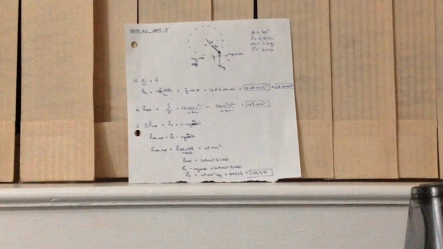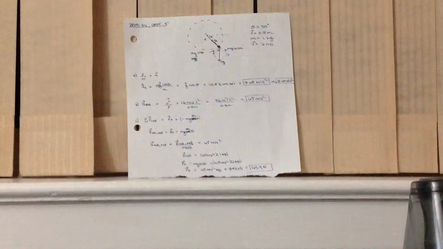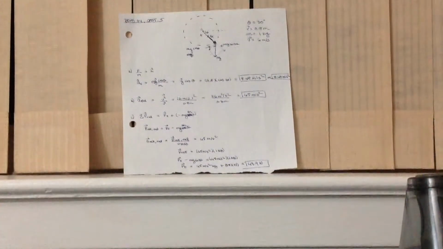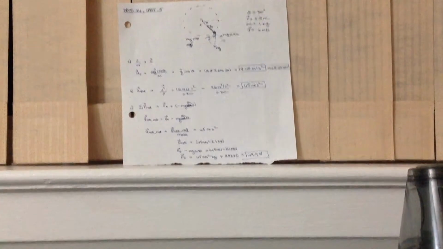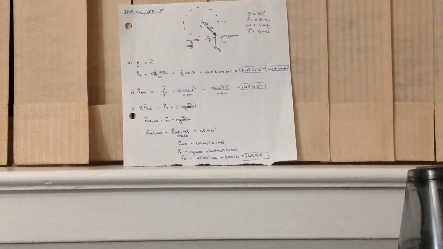Again, by invoking Newton's second law, we know that acceleration is equal to force over mass. And the acceleration in the radial direction we've already found to be 45 meters per second squared in the previous part of the problem.